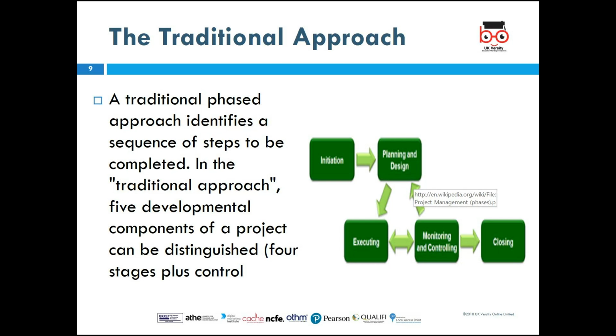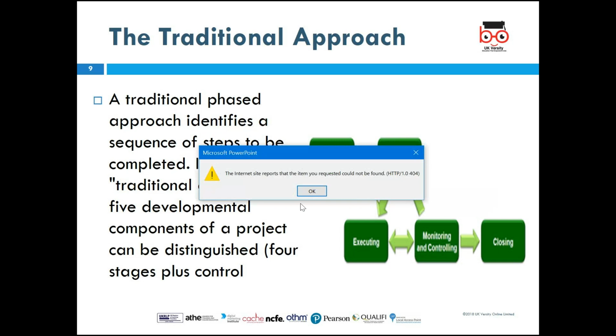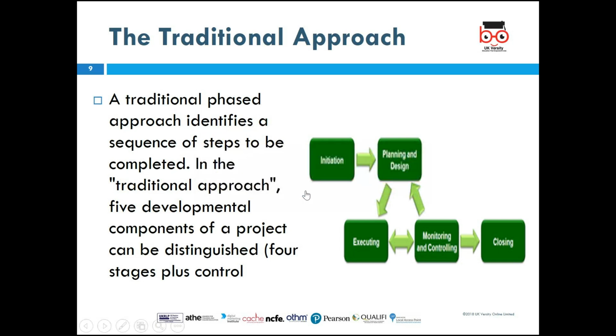you monitor and control, and if things don't go the way they should go, you go back to the planning and design phase, come down to the execution, monitor and control. If everything is done, then you go to the closing of the project.